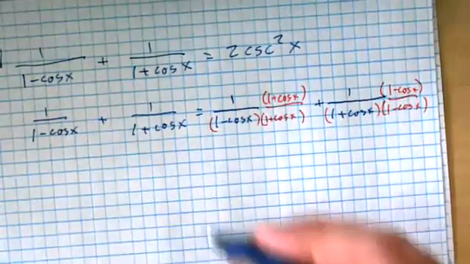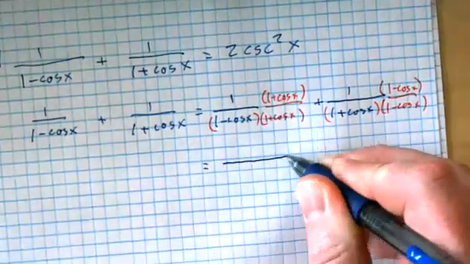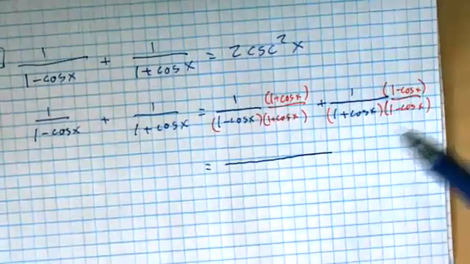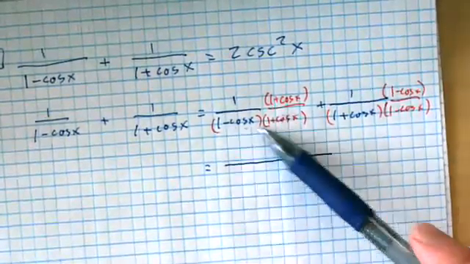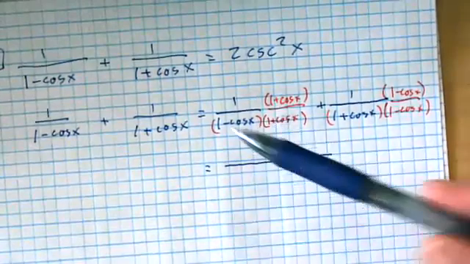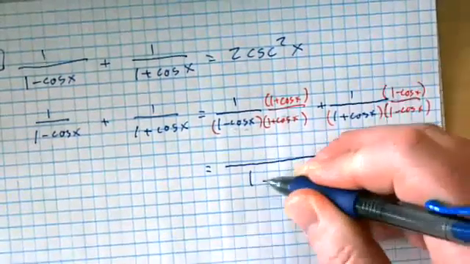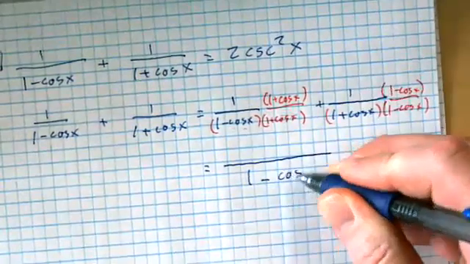So we now have a common denominator, and it's these two things multiplied together. I'm going to go ahead and multiply them out. Again, that's that a minus b, a plus b thing. So it's going to be a squared, which is 1, minus b squared, which would be cosine squared x.